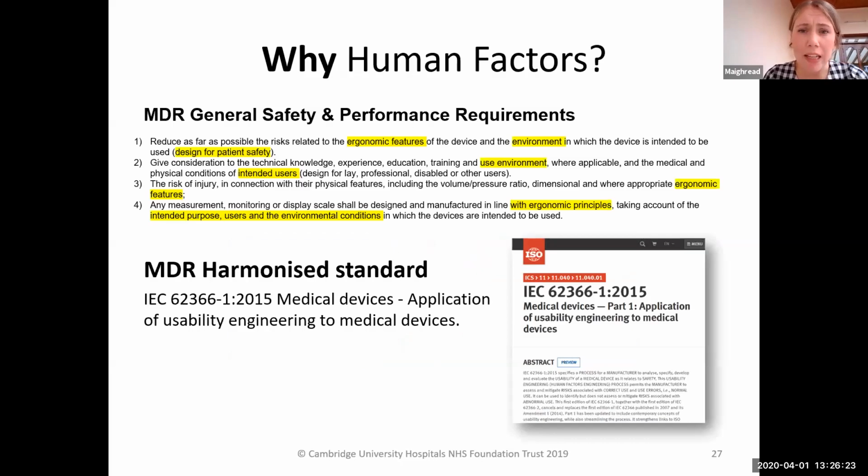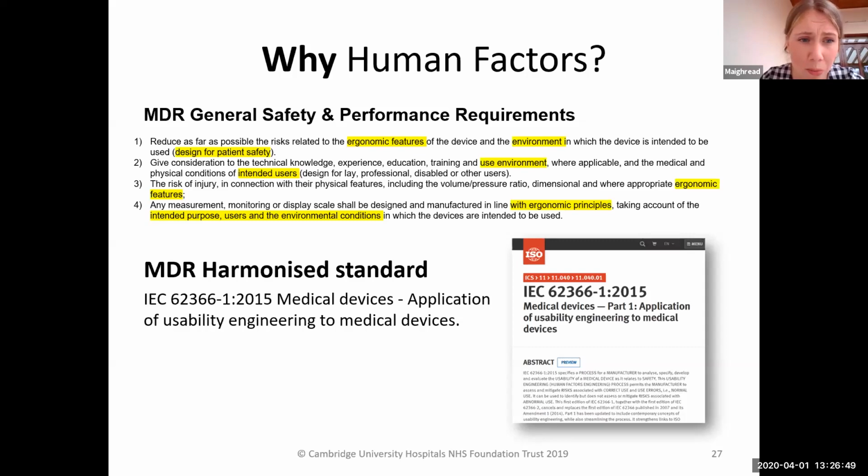So why should human factors be considered? From the legal stance, the MDR, General Safety and Performance Requirements, has at least 4 statements where it refers to human factors. So I've just copied and pasted 4 of these here, and highlighted some of the points that it raises.